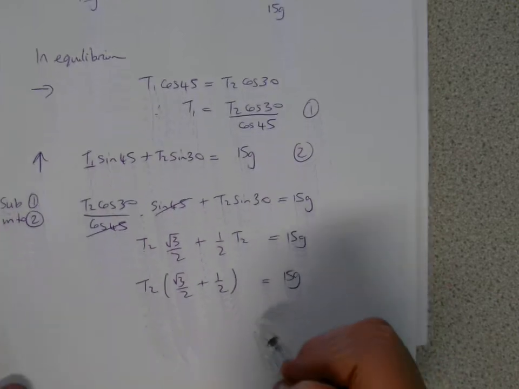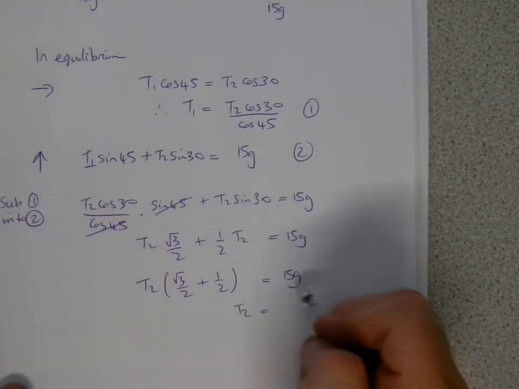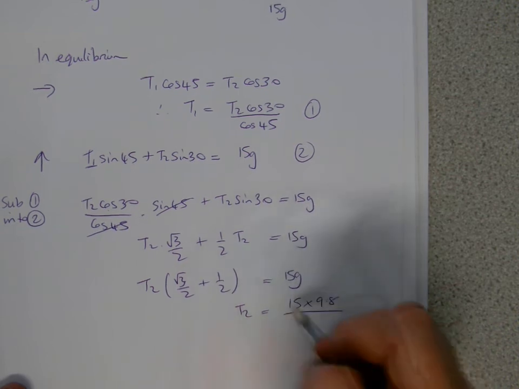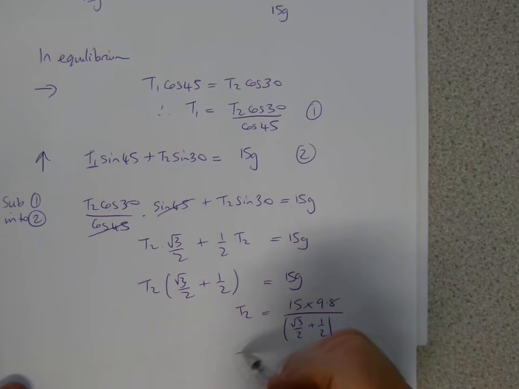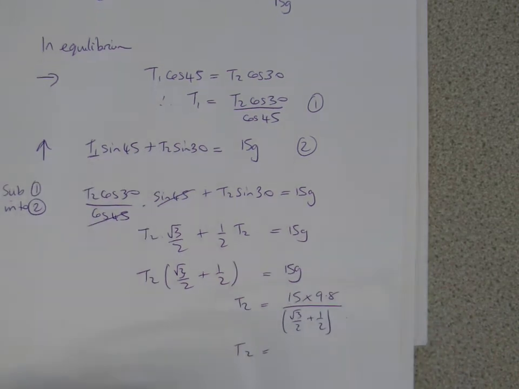Then to get T2, I just take that over and divide, so 15 times 9.8 divided by all of that. It looks like a lot of work, but if you're consistent in your approach, you won't have too many problems. Just appreciate how to eliminate one of the tensions.